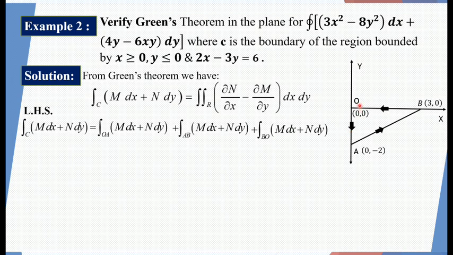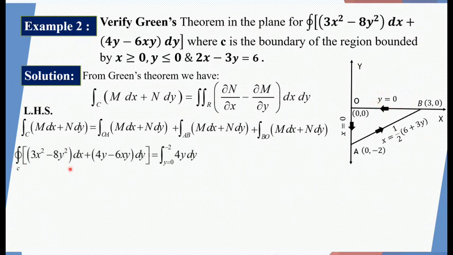At this particular line OA, this is the y-axis, so x equals 0, and so dx is also equal to 0. At this particular AB, we can get x equals 1 by 2 times (6 plus 3y), so that dx is equal to 3 by 2 dy. And this is the x-axis, so y equals 0, so that dy is also equal to 0.